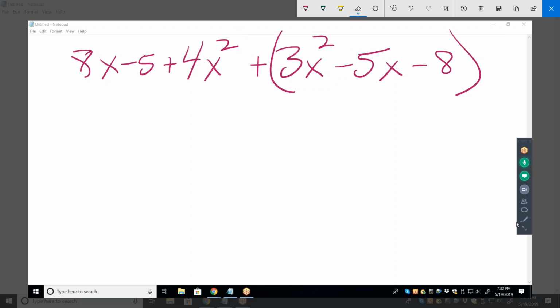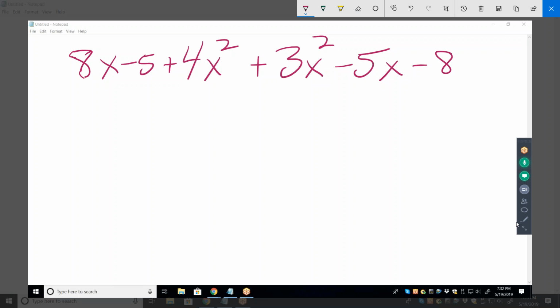And if the next set of parentheses is being added, I can just erase those also. If it's being subtracted, you got to be careful, as it was in the last one, because the subtraction sign would need to be distributed to all terms inside the parentheses. But when you're adding, you can just get rid of them.